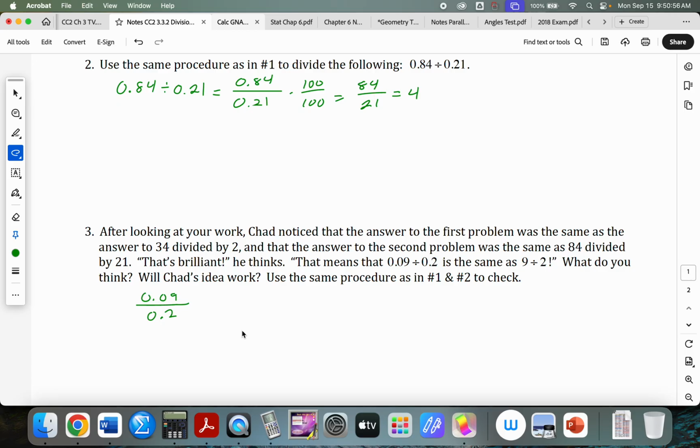We need to multiply by 100. So basically what we need to look at is the biggest place value we've got. We've got the tenths place. So we'll multiply this by 100 over 100. And that's going to give me 9 over 20.